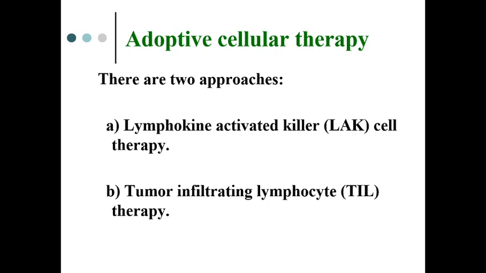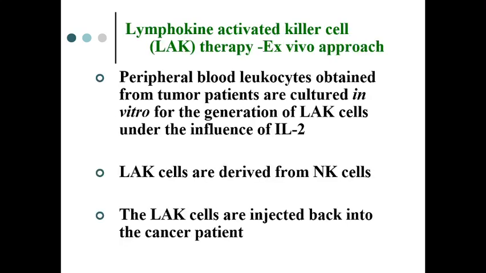It has been observed that the natural killer cells and tumor infiltrating lymphocytes, that is CD8 T cells, can be easily harvested from the tumor area of the person, and then by harvesting these LAK cells or natural killer cells, one can grow them in vitro under the influence of IL-2. Under the influence of IL-2, a large number of natural killer cells proliferate, and these were already in fact at the tumor site.